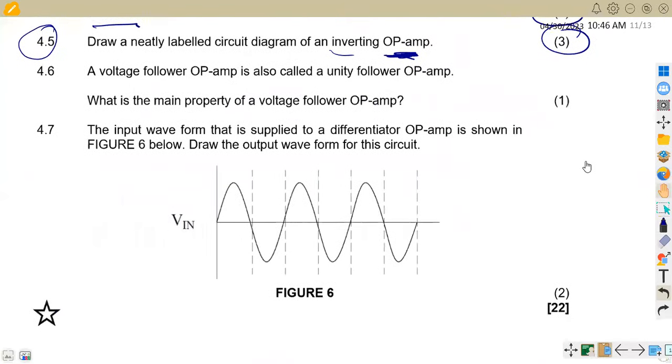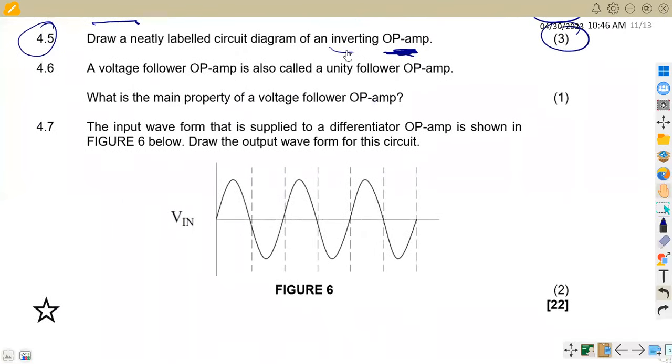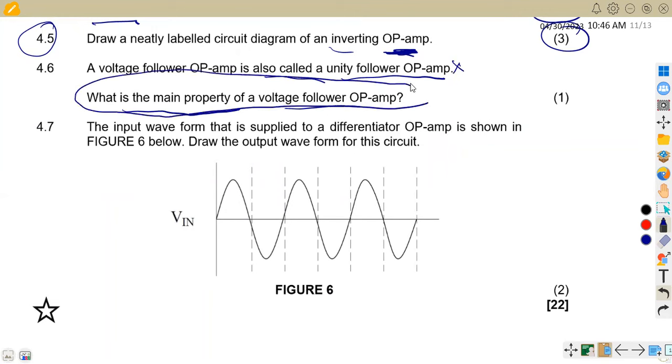Okay, a voltage follower. On 4.6, we are given a voltage follower op amp, that is operational amplifier, also called a unity follower op amp. What is the main property of a voltage follower? All the part that they're explaining is not important. The question is, what is the main property of a voltage follower op amp?